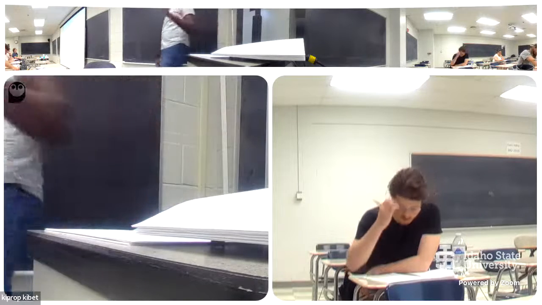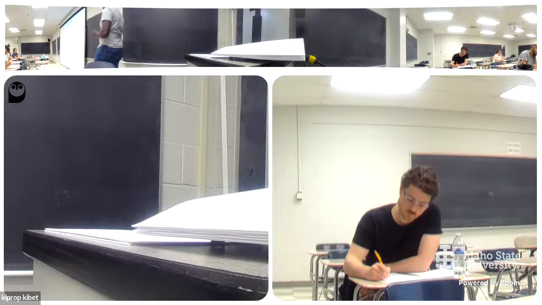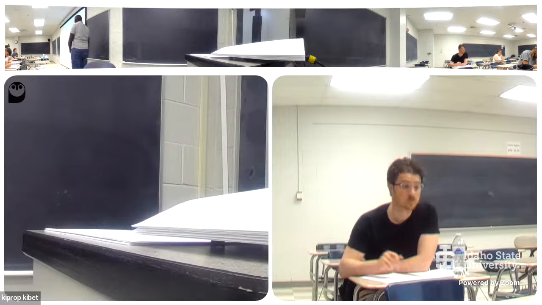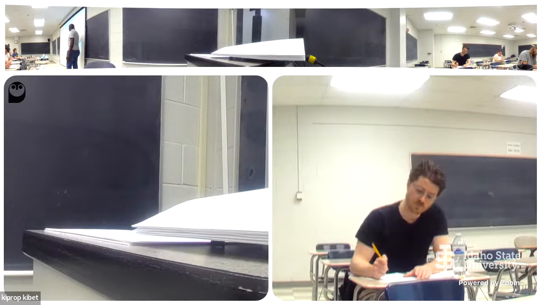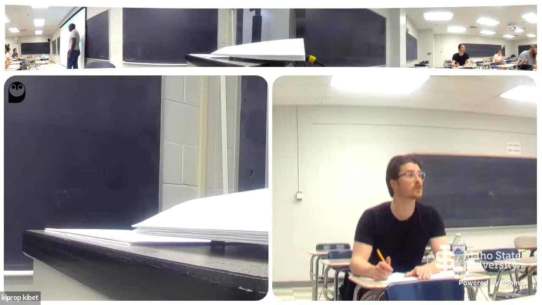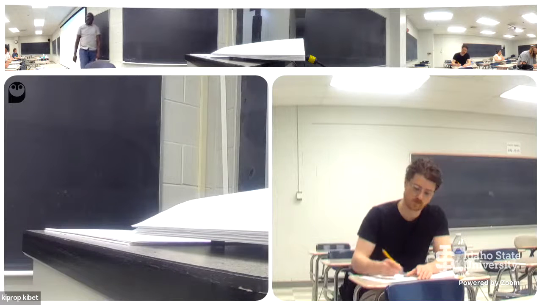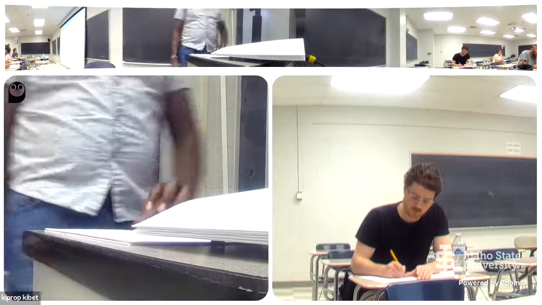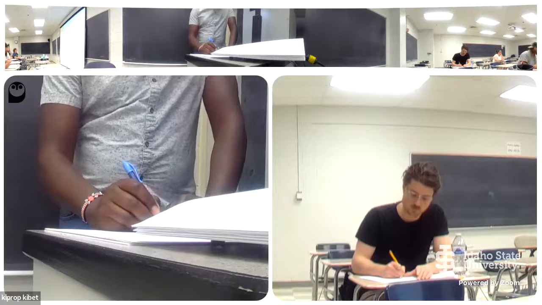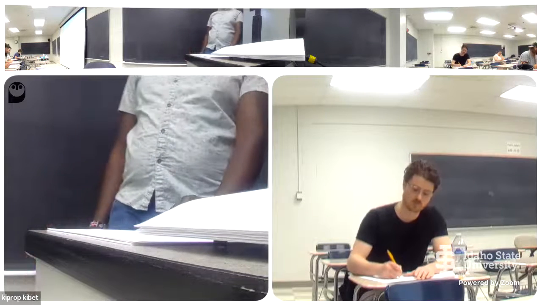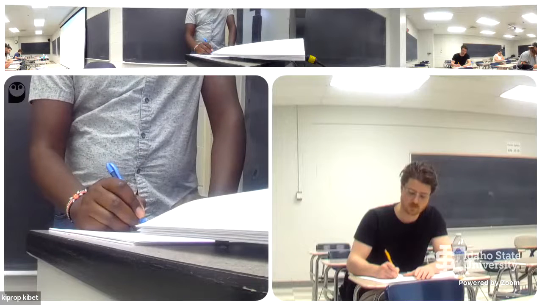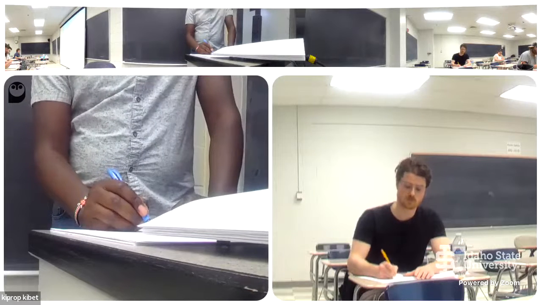Now, for this linear system to be consistent, what will be the value of H? It means that 4 plus 2H should not be equal to 0.